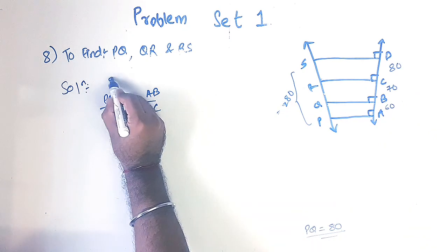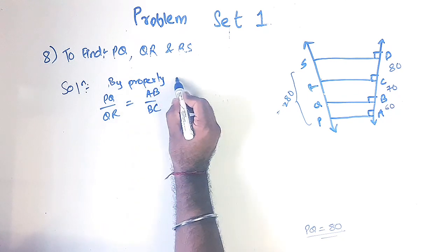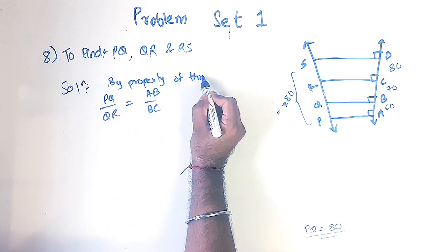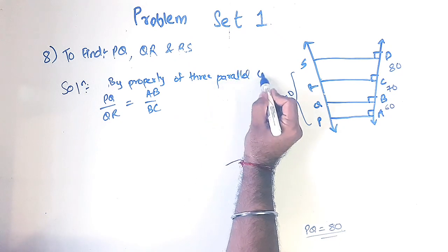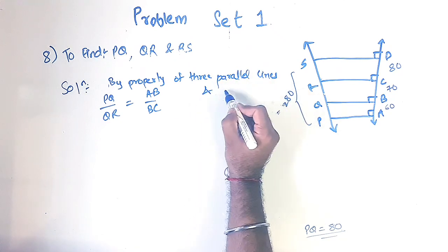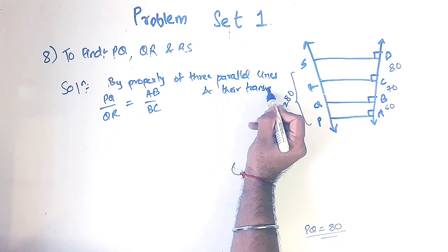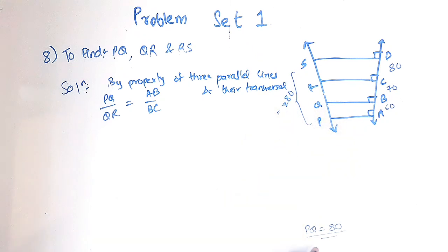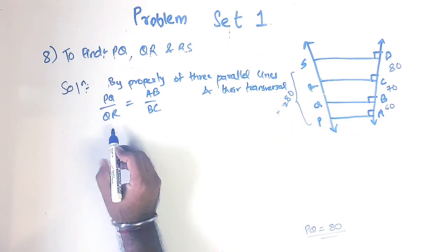So you can write here, by property of three parallel lines and their transversal. Because we have PQ now, this will be helpful for us in finding QR.